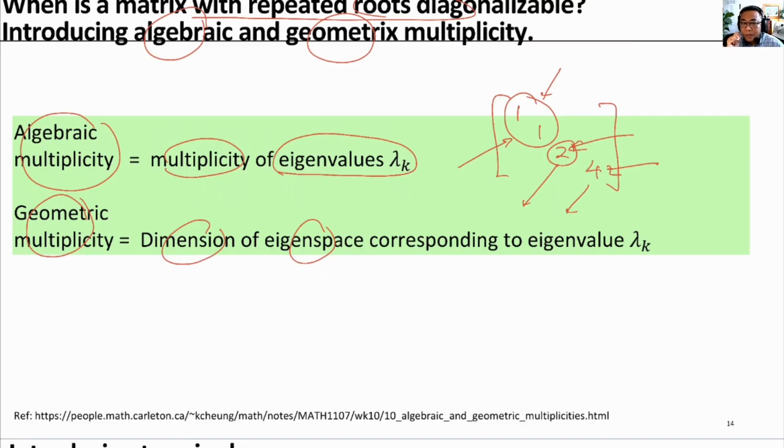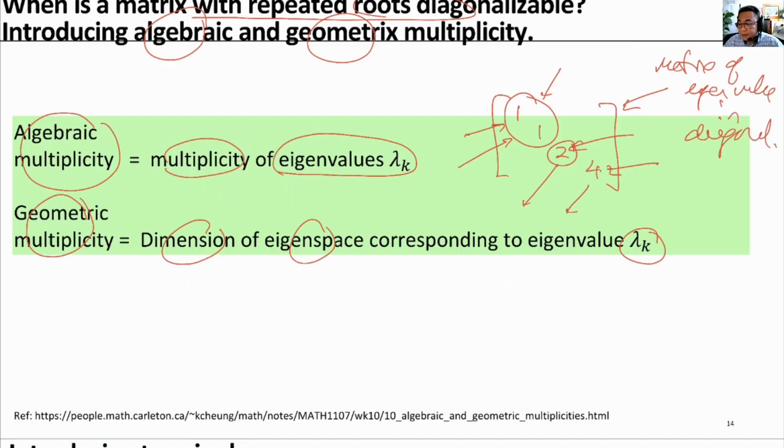So the geometric multiplicity is talking about how many vectors are in the basis for this eigenvalue, or we should say the dimension of the eigenspace corresponding to this eigenvalue, if this is the matrix of eigenvalues in the diagonal.